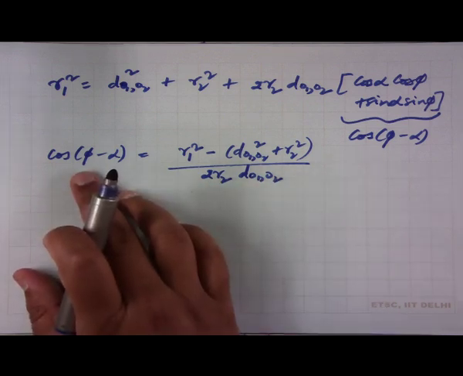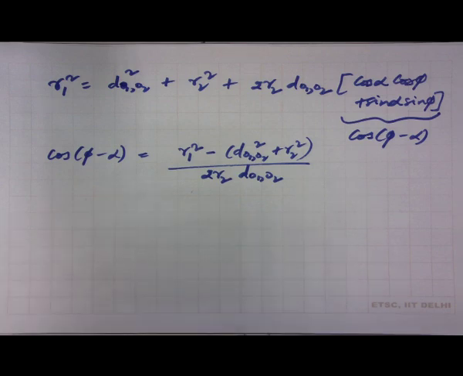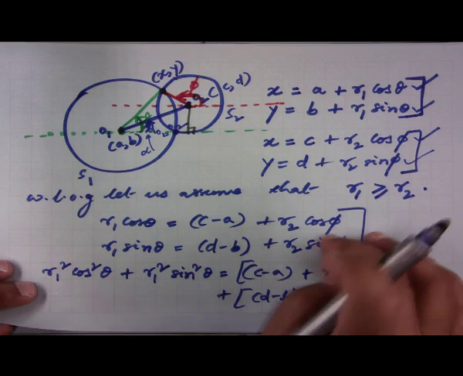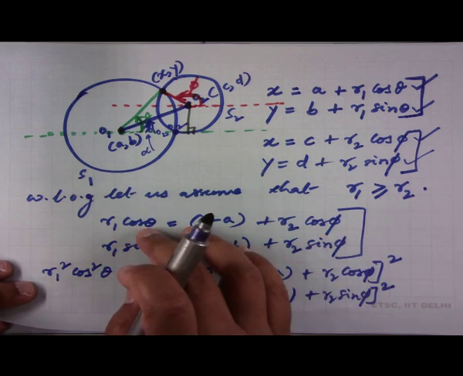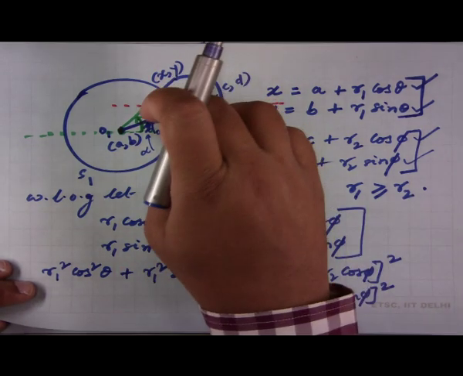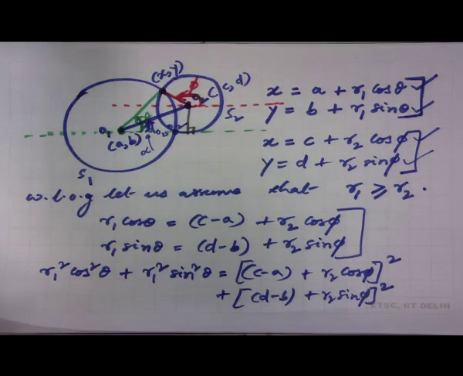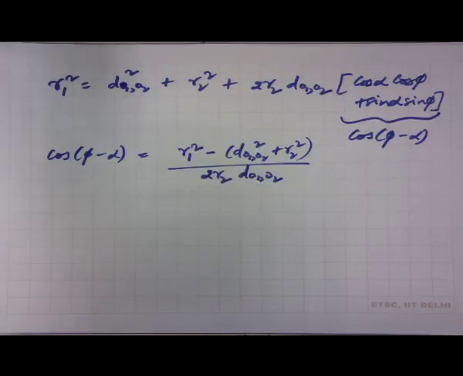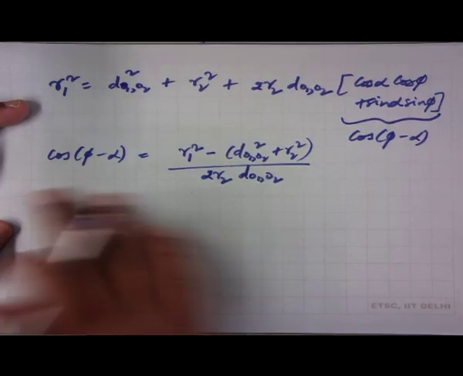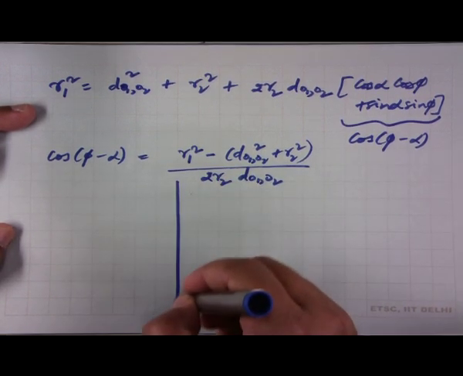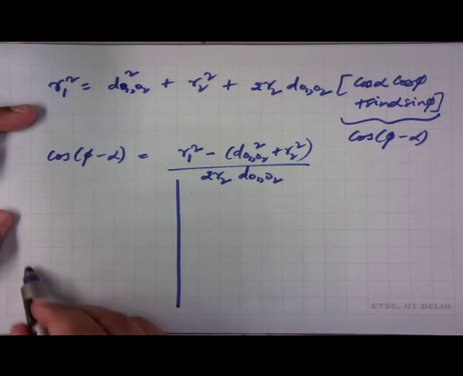And once we have found out phi, we can plug that value of phi back into these two equations, and we can easily find out theta. And once we know theta and phi, we know the coordinates of the point of intersection of these two circles.